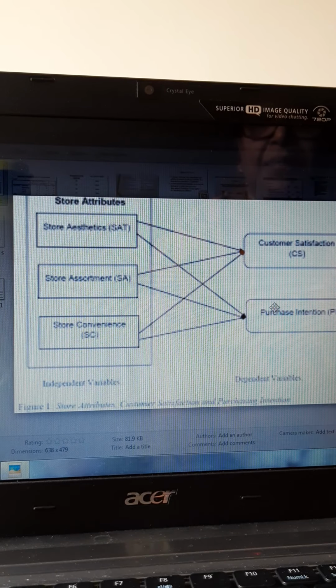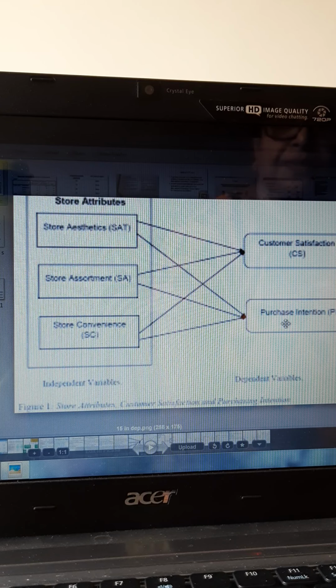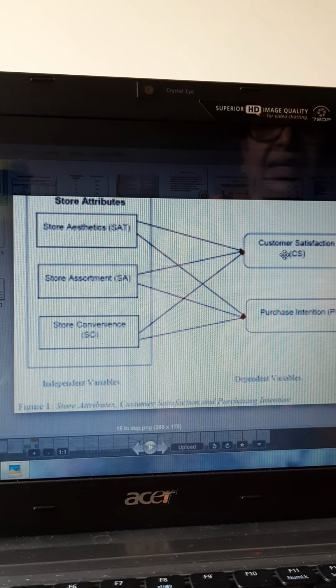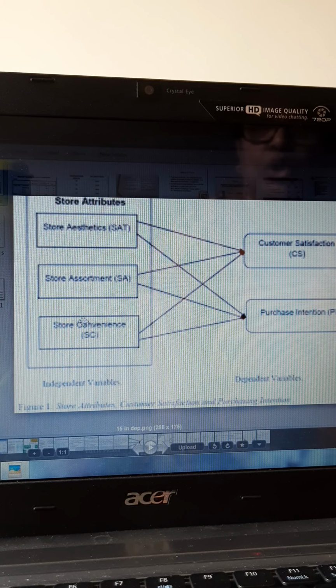So another example, customer satisfaction is dependent on store aesthetics, store assortment, what is available inside the store, store convenience, where it is located. Okay, dependent variable, independent variables.